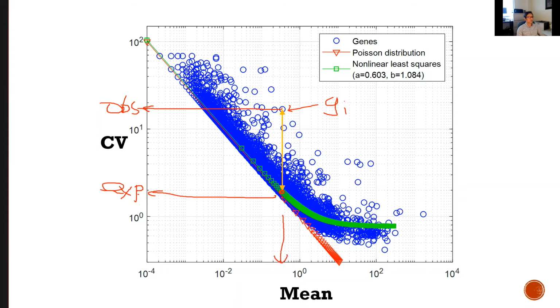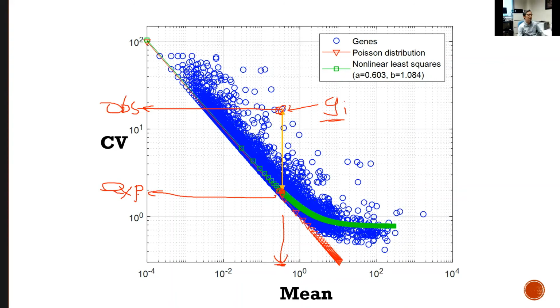If you have a gene expressed at this level, you expect to have this level of CV. However, in reality, you obtained a much higher CV. It means that for this gene, across cells, its expression is more dispersed than you can model using a Poisson distribution.